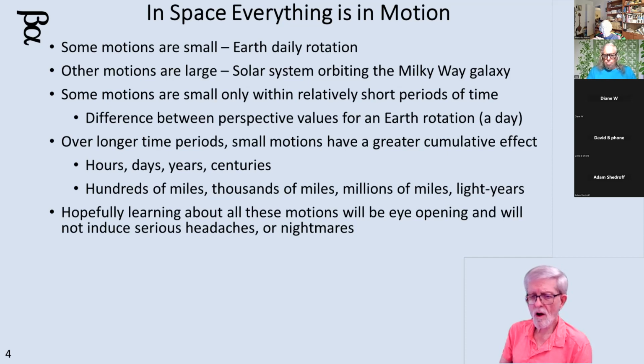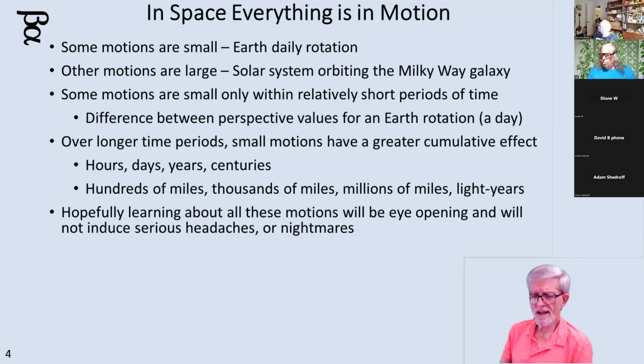So if you look over longer periods of time, like pick a particular motion and then look at it hours, days, years, or even centuries over time, you can see really how much it moves. So small things add up, and big things exhibit big differences.